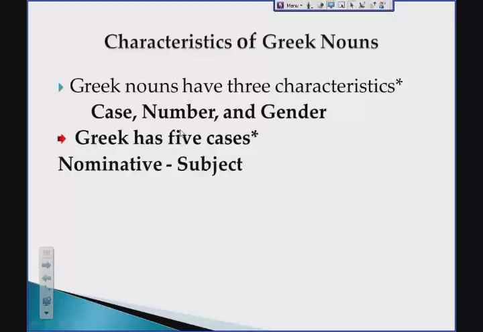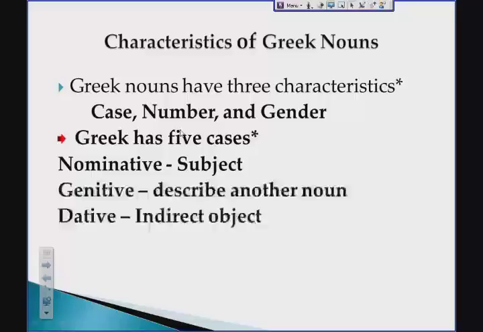I'm just running through what you did last week. The genitive will describe another noun in three ways. I always emphasize these three as the main functions of the genitive. What are they?